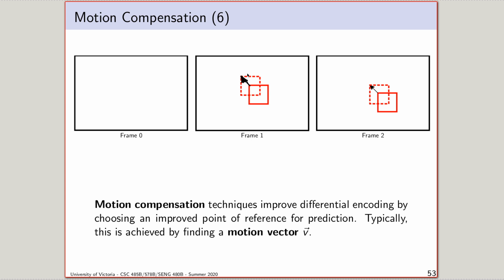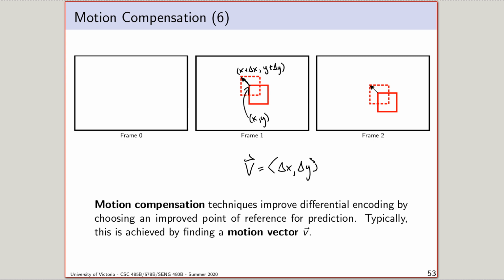This is the position x, y, the top of the block, and this is x plus some delta value, and y plus some delta value. What I want is a motion vector v that tells me those delta values.